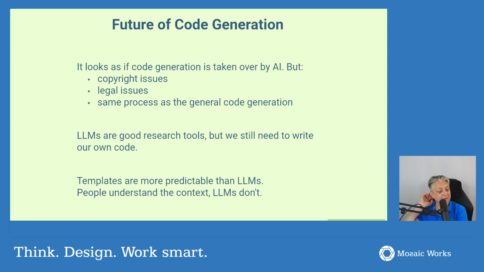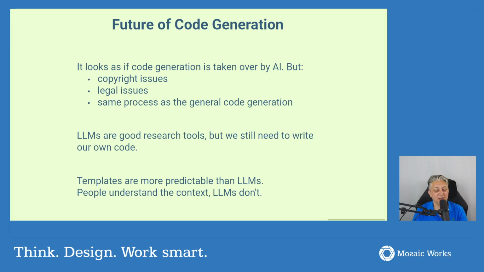And this leads us to a conclusion that templates are more predictable than LLMs. People understand the context of the code, while LLMs don't. And no matter what people who try to sell this will say, no, LLMs don't understand the thing. We say, or they say, that LLMs occasionally hallucinate, but that's not true.